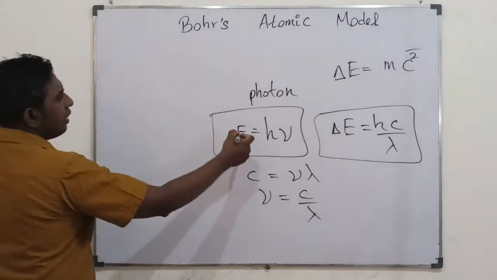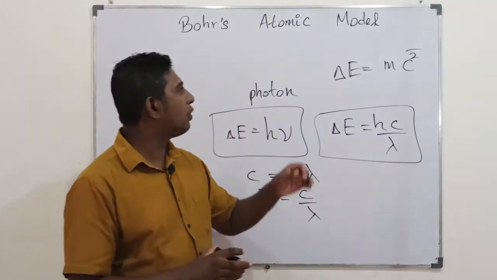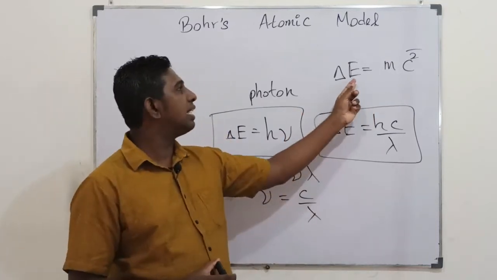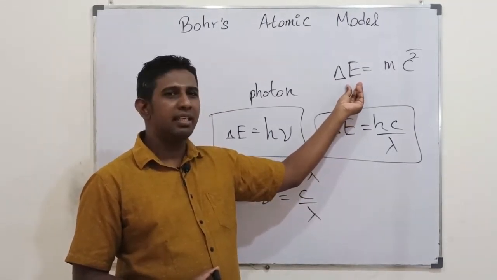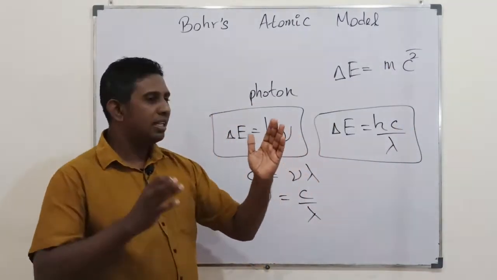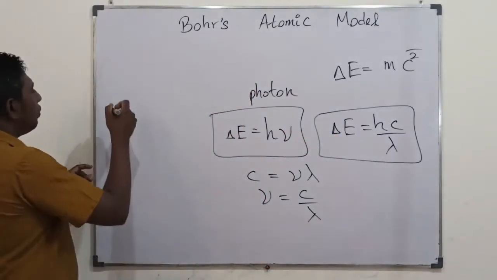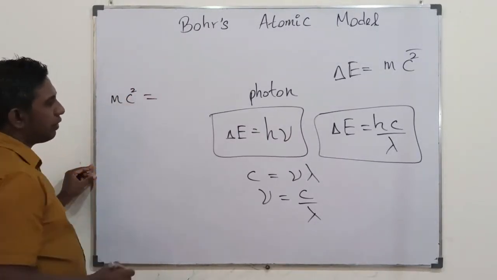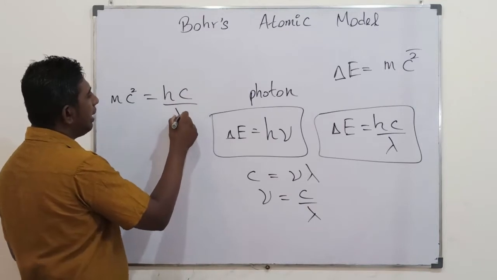When energy is emitted as discrete quantities, and energy also has particle character, then if that energy particle has this energy, m is the mass of the particle within energy and c is its velocity. Joining those two, Louis de Broglie showed something like this: mc squared equals hc divided by lambda.